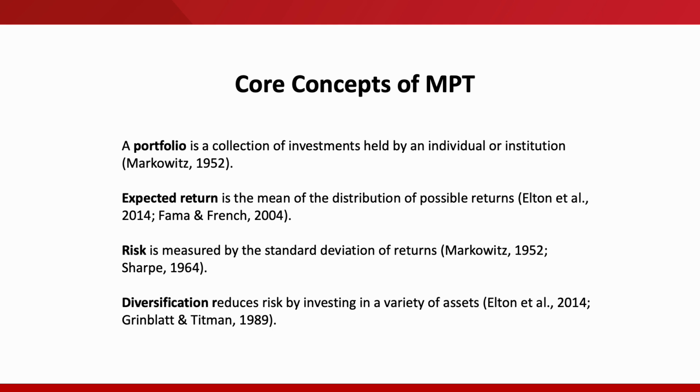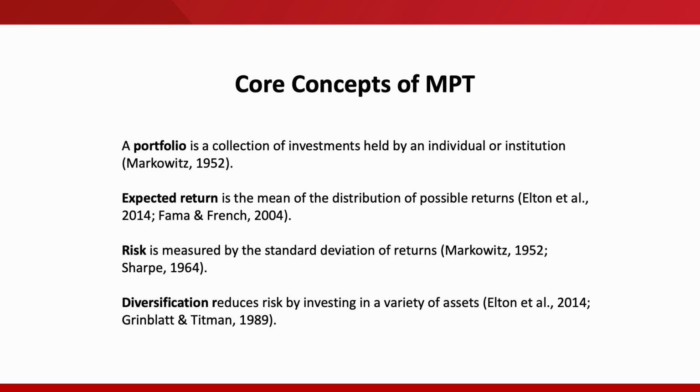Risk, on the other hand, is measured by the standard deviation of these returns, which quantifies the amount of variability or volatility. A key principle of MPT is diversification, which allows spreading investments across different assets to reduce risk. By doing so, investors can potentially lower the overall risk of their portfolio without necessarily sacrificing expected returns.